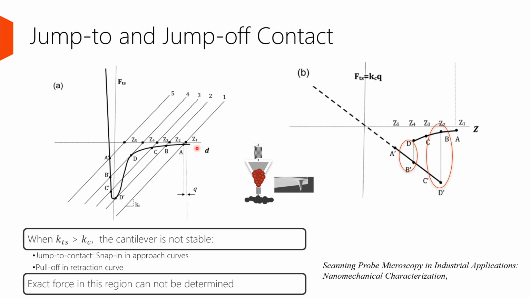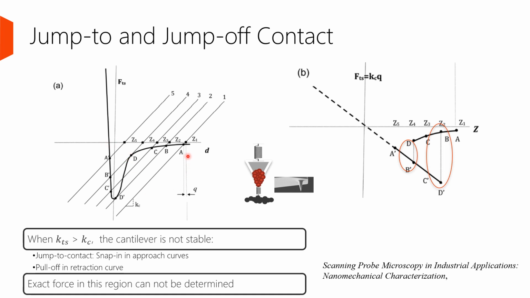It does not change with the tip-sample distance. So we can compare Kc, the spring constant of the cantilever, and the force gradient along the distance D.